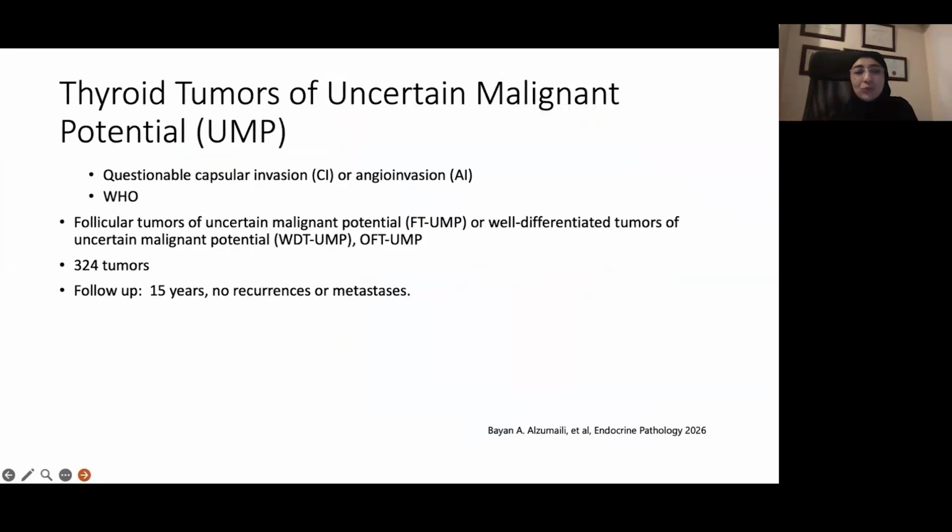A new entity that was defined by the WHO, tumors of uncertain malignant potential. So these tumors are difficult to characterize by pathologists. These are questionable capsular invasion or angio invasion thyroid tumors. So with those difficulty making the diagnosis, a study came up, a single center study, addressing more than 300 tumors of that kind, and they have followed them up for 15 years.